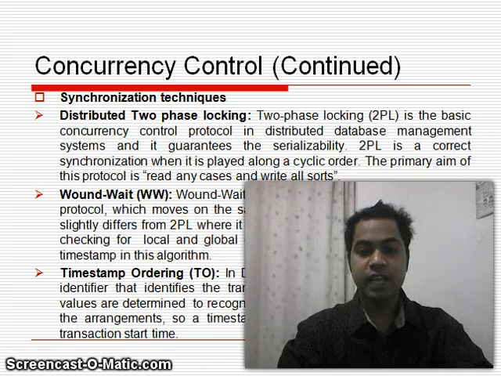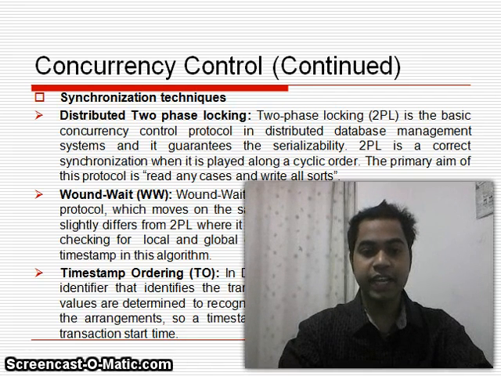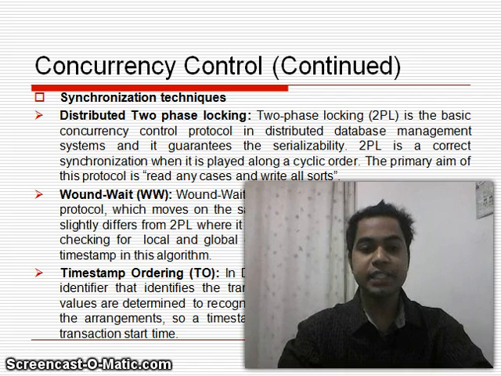Timestamp ordering. A timestamp is a unique identifier that identifies the transaction. Broadly speaking, timestamp values are determined to recognize the order in which transactions are submitted, so a timestamp can be thought of as a particular transaction's start time.